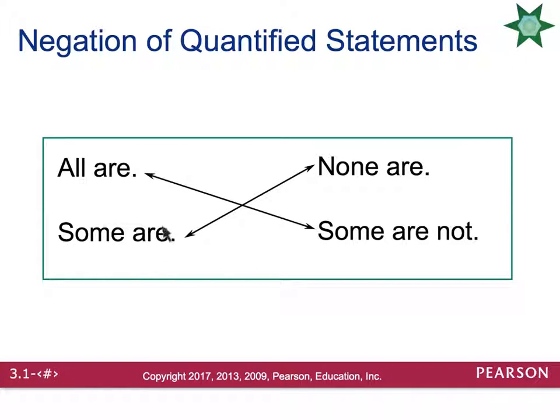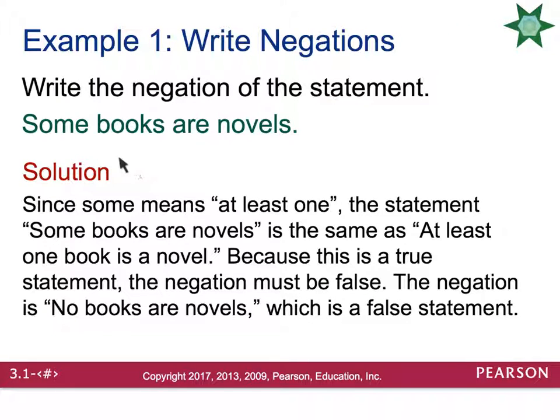We would not go from all are to some are. That doesn't negate it. We'd not go from none are to some are not. Those do not negate each other. So we have to be careful that all are is negated by saying some are not. Some are, we could say none are, as a negation.